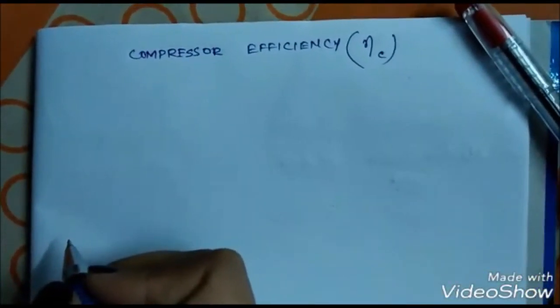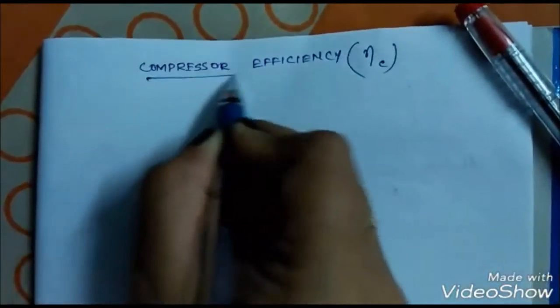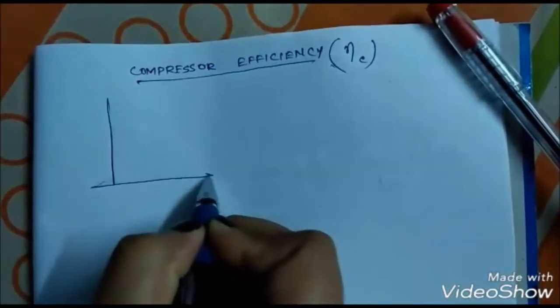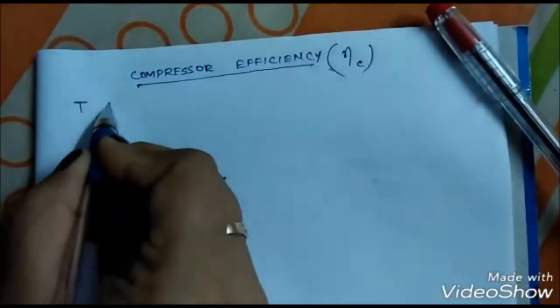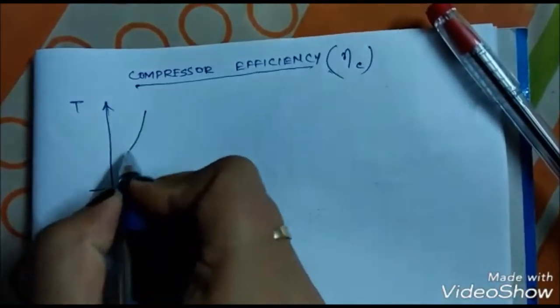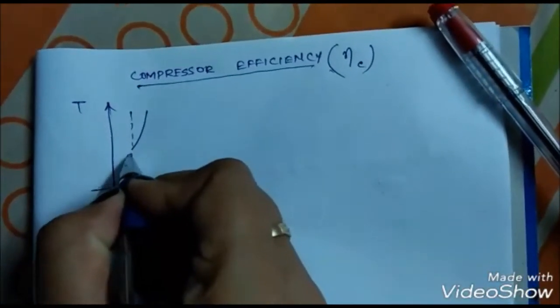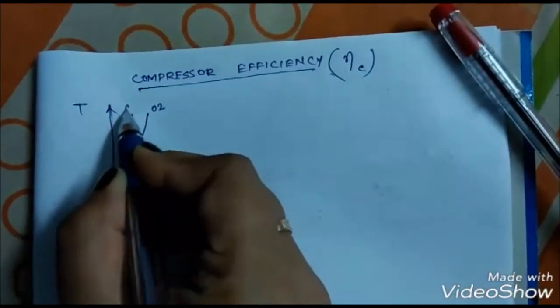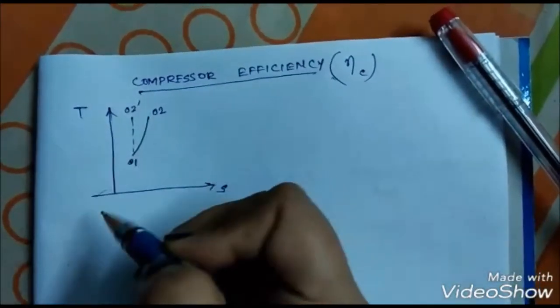Now we are going to find the compressor efficiency. So recall the figure, that is T-s, it's going like this from the point 01 to 02, and this is a point 02 dash.